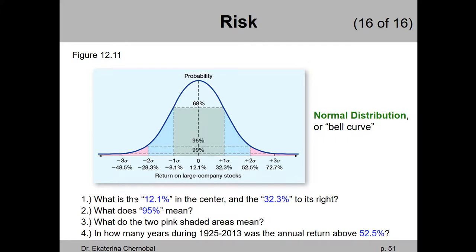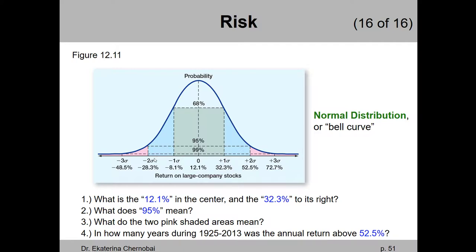Question number 3. We have this pink shaded area on the left and on the right under the curve, where the tails are. 2 tails of this distribution. What do those 2 pink shaded areas mean? Well, what do we have for the cutoffs? Minus 2 sigma and plus 2 sigma.